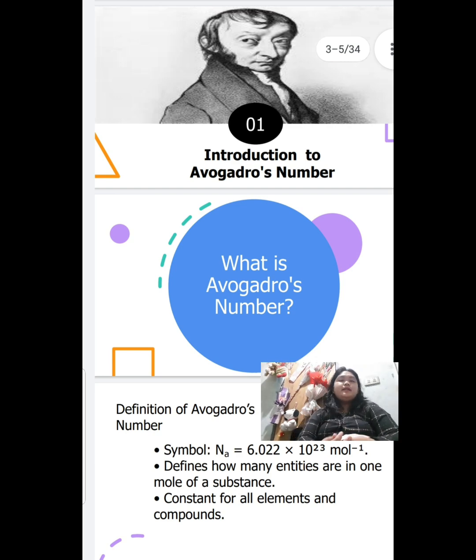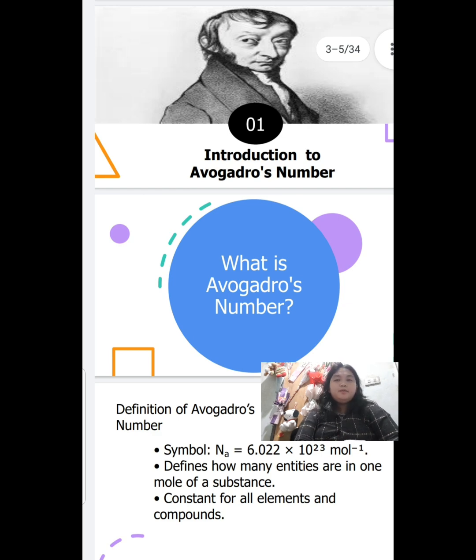Avogadro's number is a constant that represents the number of individual particles like atoms, molecules, or ions in 1 mole of a substance. Its value is approximately 6.022 times 10 raised to the power of 23 particles per mole.